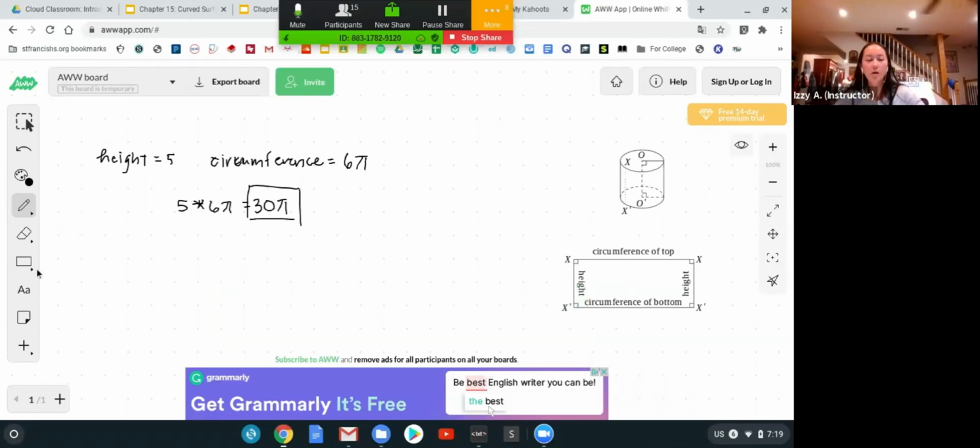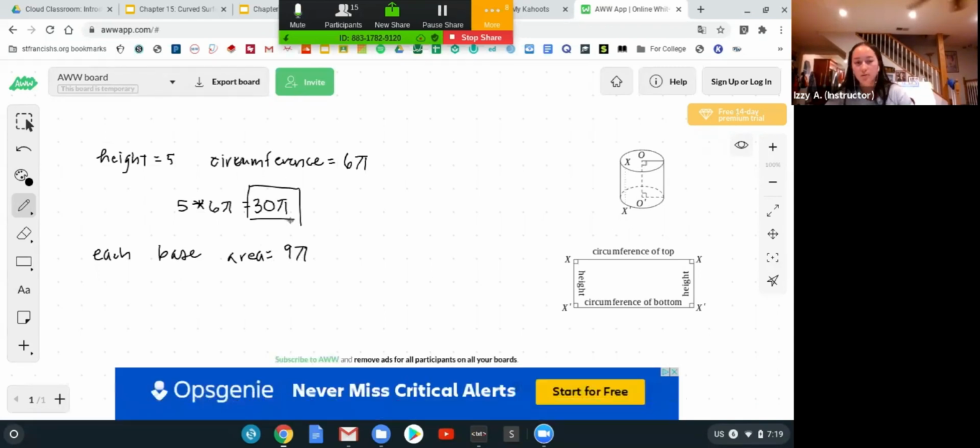Okay, finally, for the total surface area, what you would do is add the bases, and then add the area that we just found. And each base has the area, we actually already figured this out when we were calculating the volume, but the area of each base, that's going to be 9 pi, as we previously figured out.